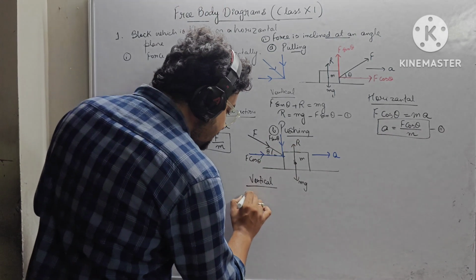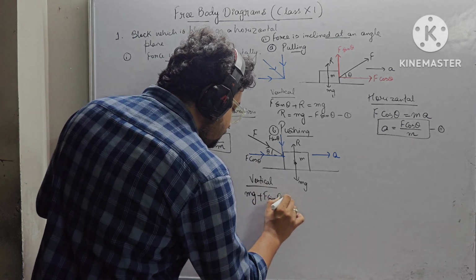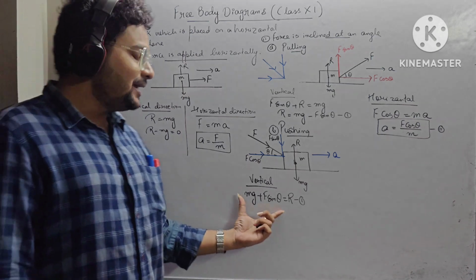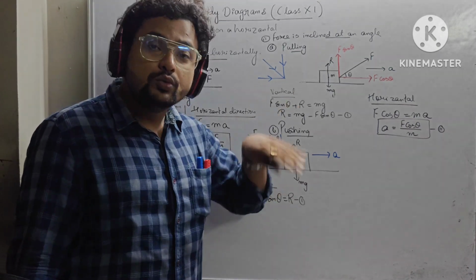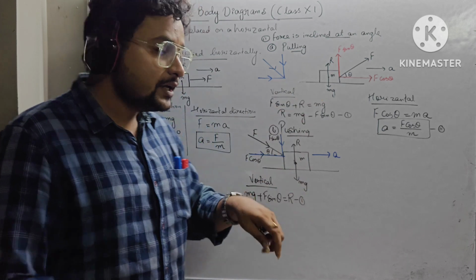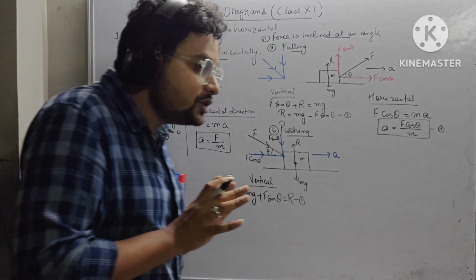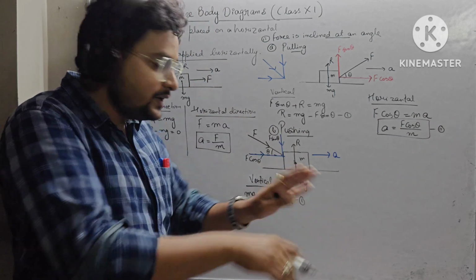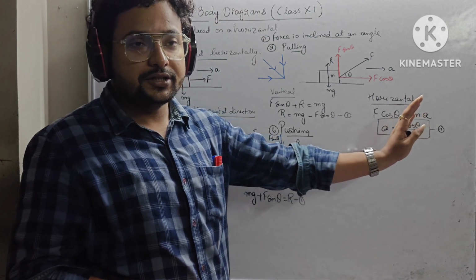So mg plus F sin theta must equal R. Why? Because there is no motion of the body in the vertical direction. I am pushing the body in this way, and the body is sliding along in this direction.